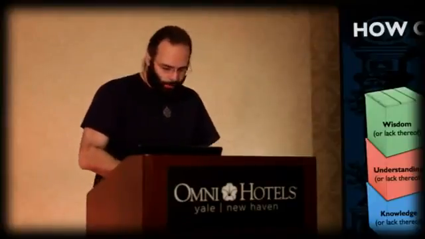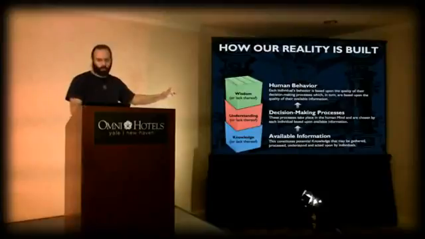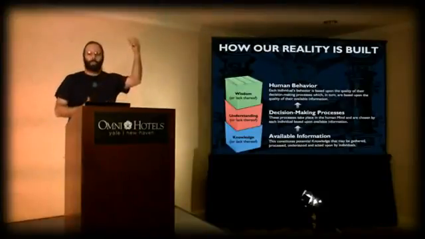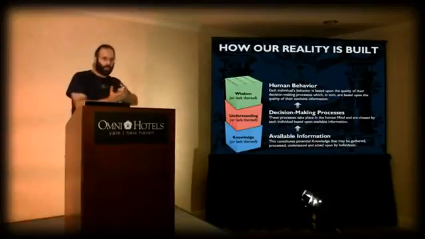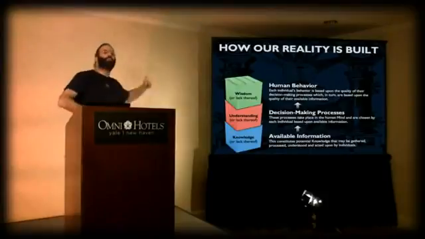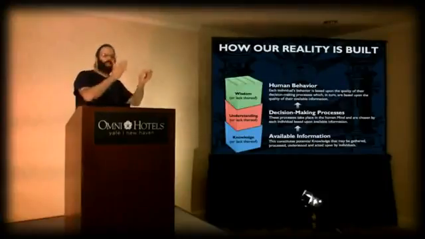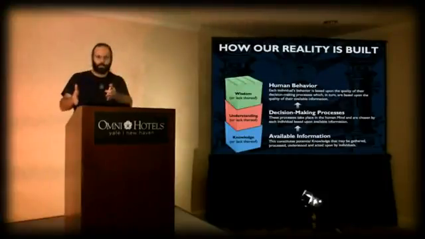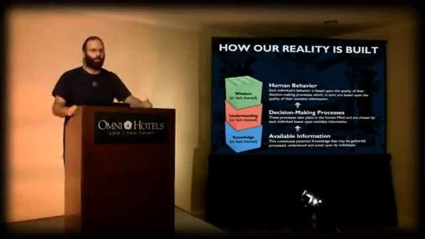So, we start with available information, which can be converted into knowledge, which can then, through decision-making processes and filtering of that information to eliminate inconsistencies, lead to an understanding. In continuation, the understanding can then lead through our free will decision-making processes to be converted into behavior, into action in the world.